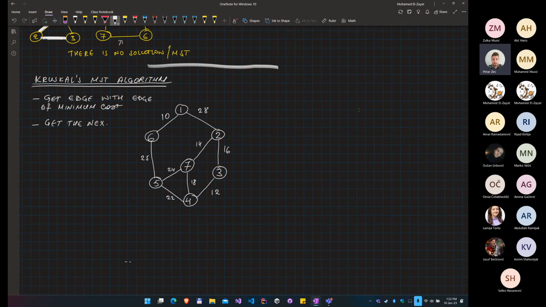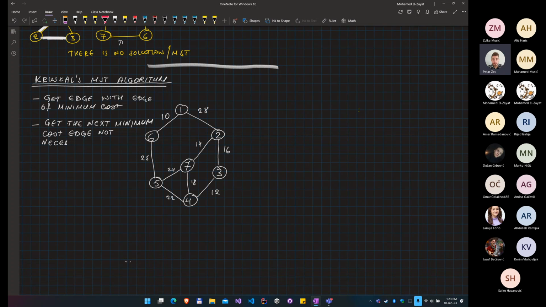or the next minimum or smallest cost edge, not necessarily connected. Oh, how do you even spell that? I forgot.